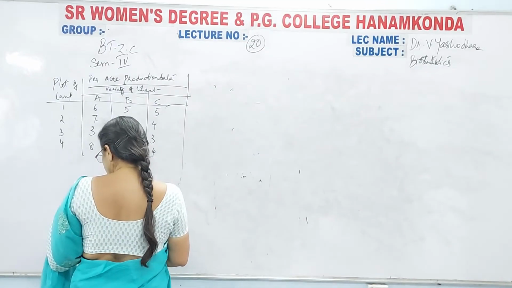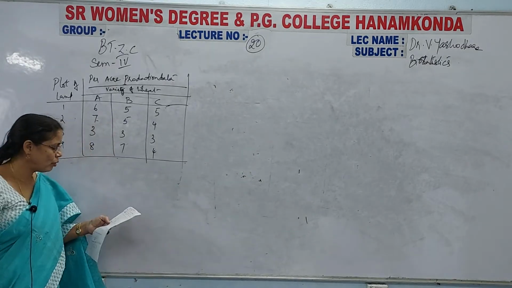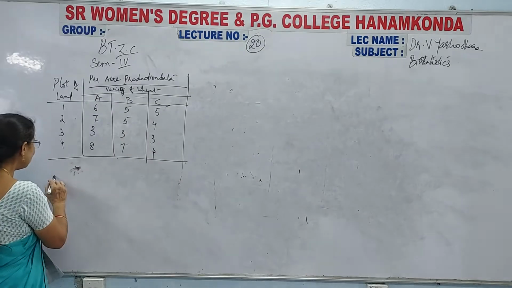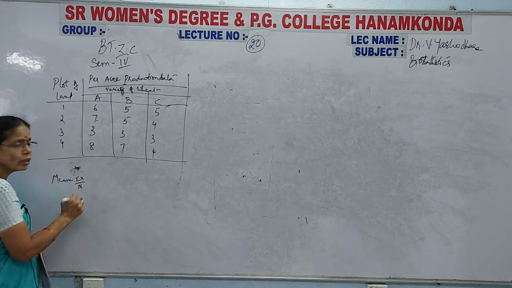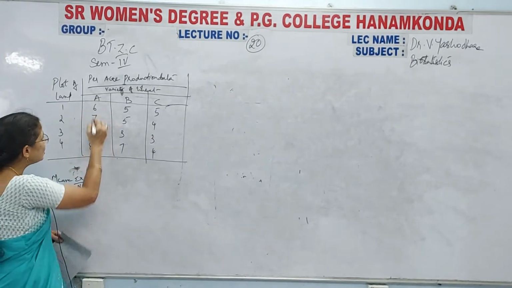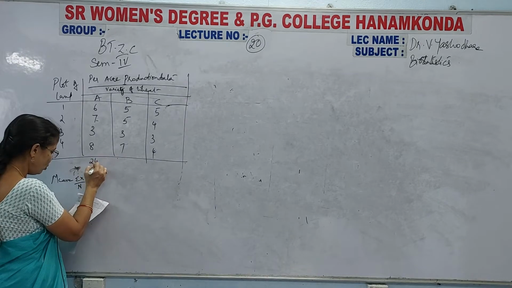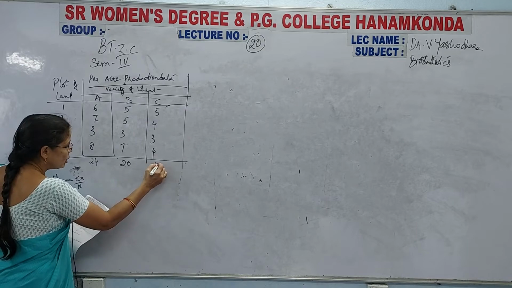See here. For solving this problem, what you have to do is calculate the mean. What is mean? All of you know this. Mean is equal to epsilon x by n. That is, total we are doing here. The total is, here it is 24, here it is 20 and here it is 16.